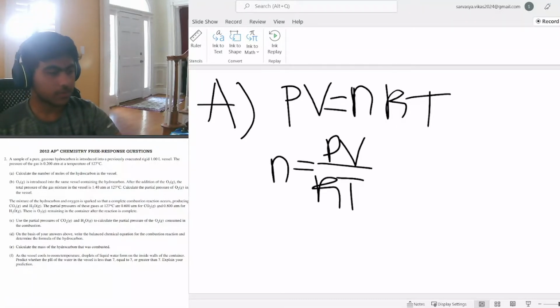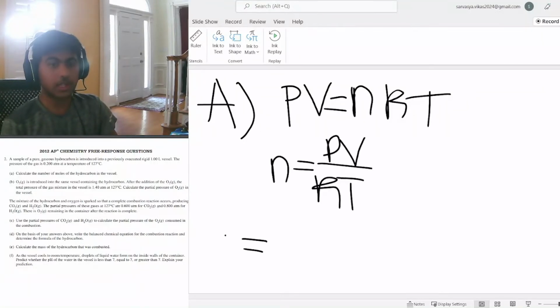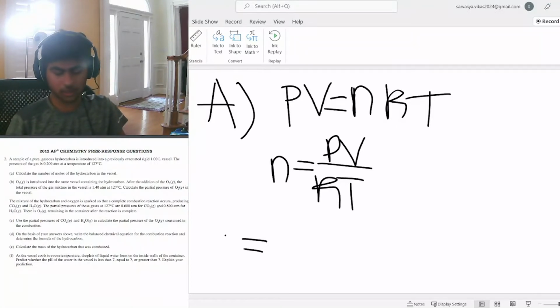We know that the pressure is 0.2 atmospheres, the volume is 1 liter, and the gas constant is the atmospheric gas constant, so we're going to divide by 0.08206, and then the temperature at 127 degrees Celsius is 400 Kelvin, and divide by 400 Kelvin.